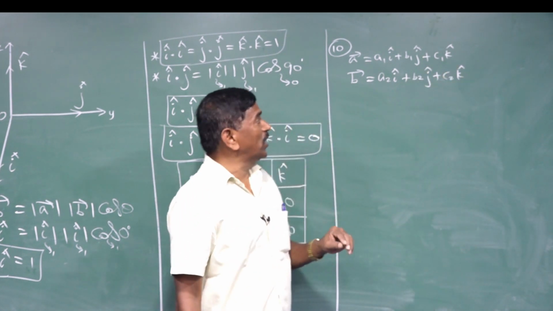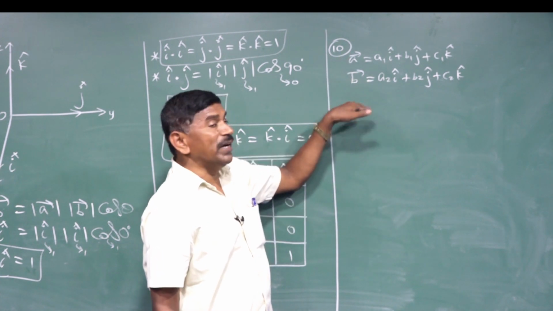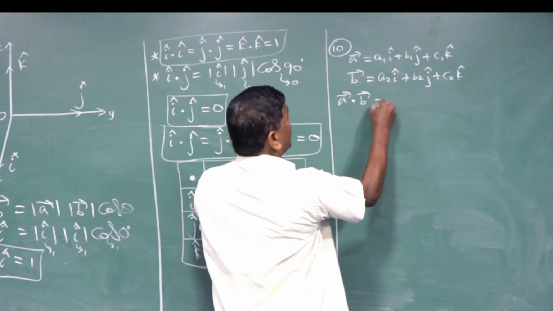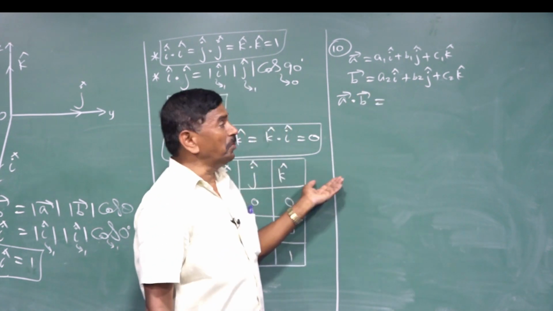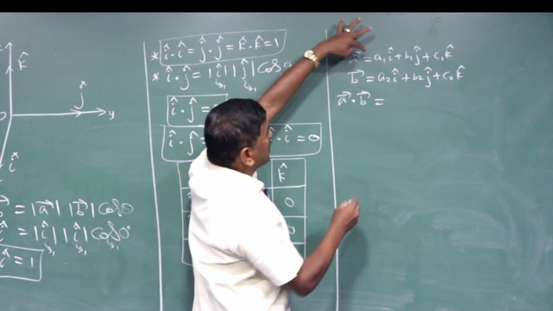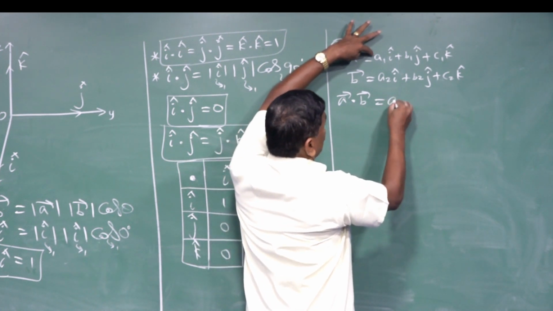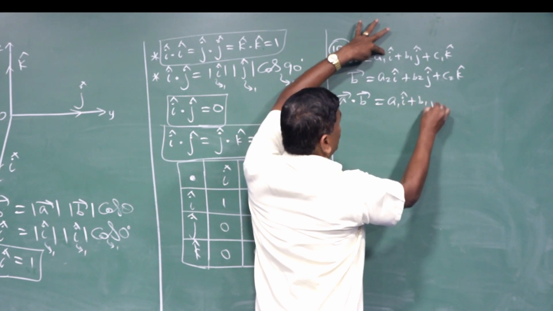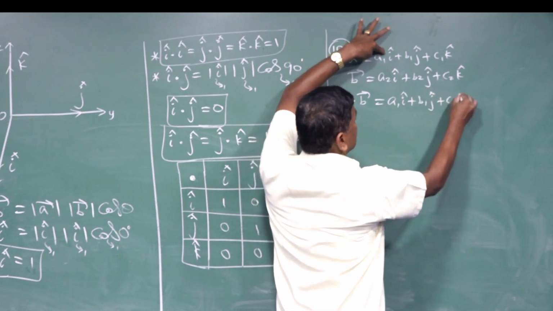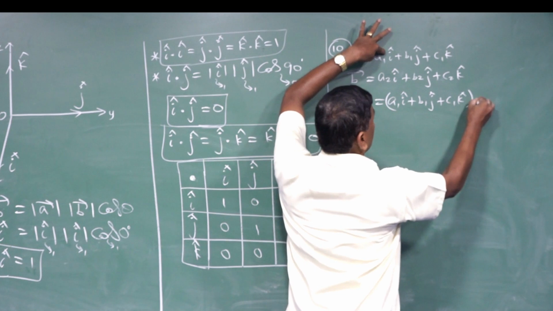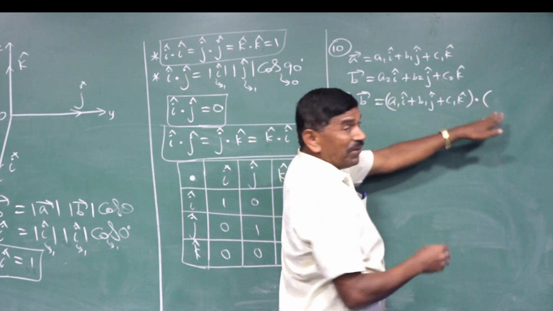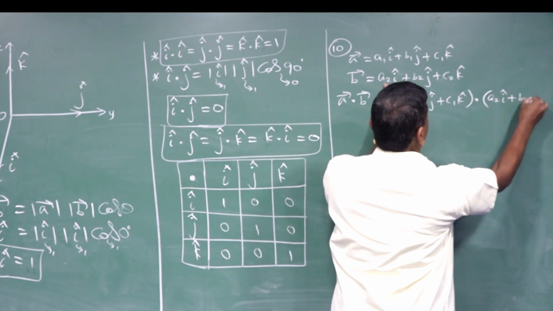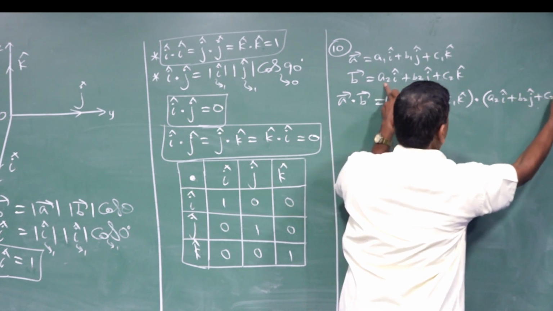Now I want to find the dot product, that is A vector dot B vector. Work out your answer. A vector dot B vector is equal to, where A vector is a1 i cap plus b1 j cap plus c1 k cap, dot, what is B vector? Yes, B vector is equal to a2 i cap plus b2 j cap plus c2 k cap.